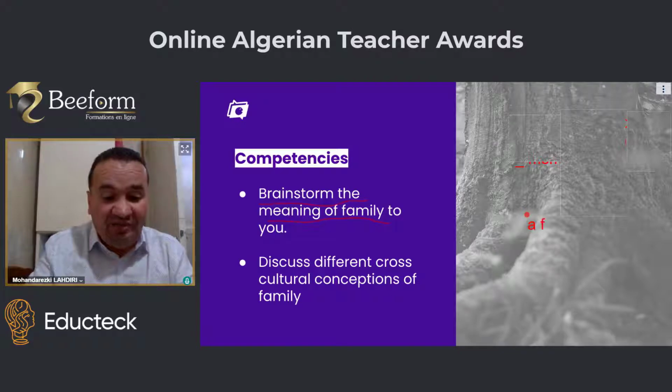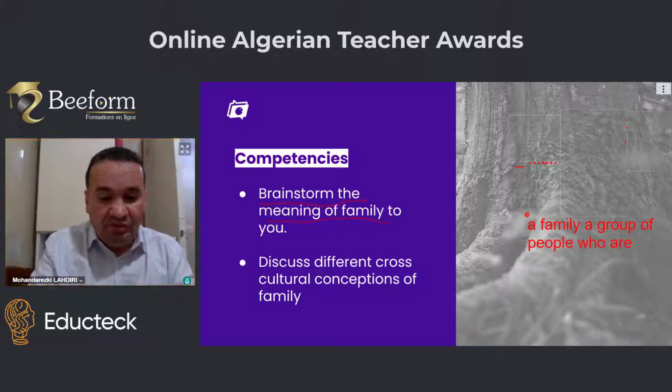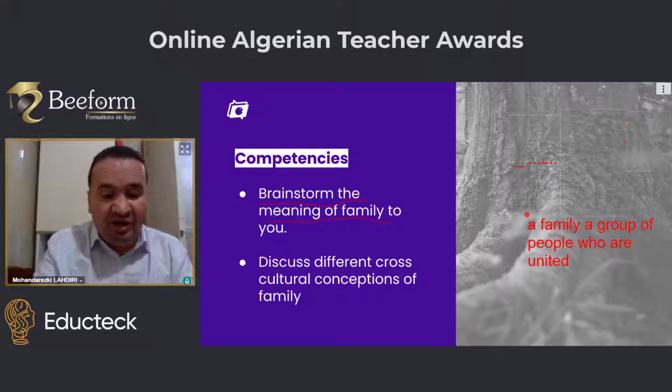You can say a family is a group of people who are united by marriage, who live under the same shelter, and who share the blood link.